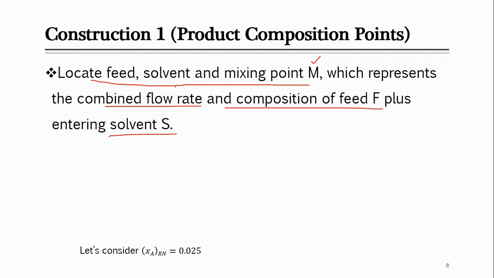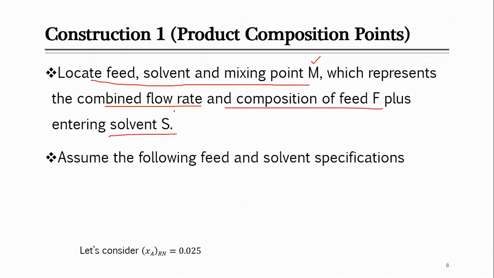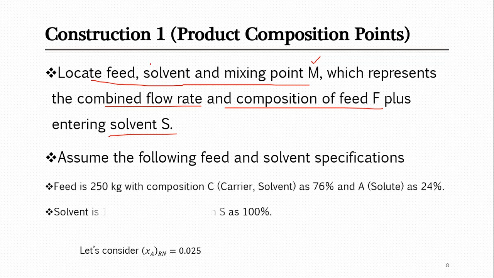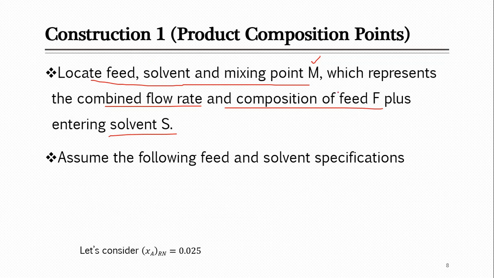What you should know here is that the feed and the solvent should be given, along with their specification, like their composition. Then you will be able to calculate the amount of M, and its mass fraction or composition can be found with the help of all that data.